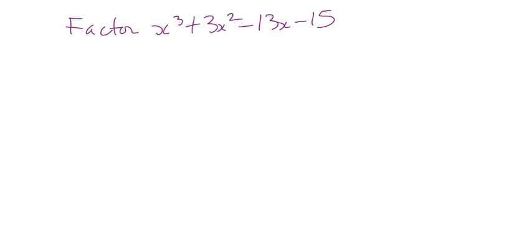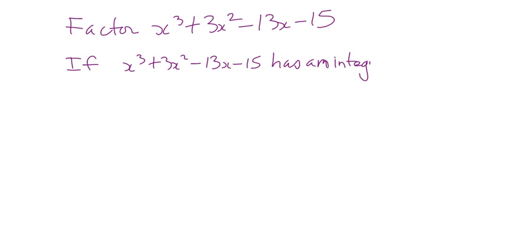So we say if x cubed plus 3x squared minus 13x minus 15 has an integral 0, then it is a factor of, now it, referring back to the integral 0, you can use it here. Then it is a factor of 15.